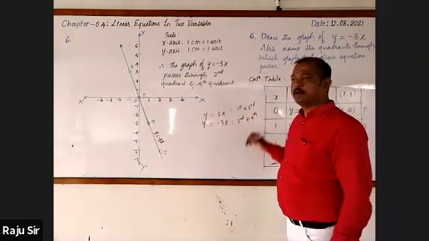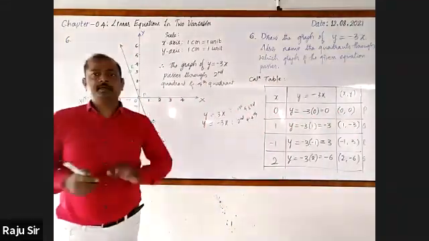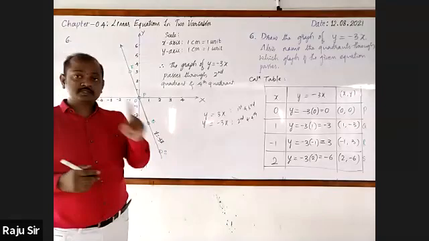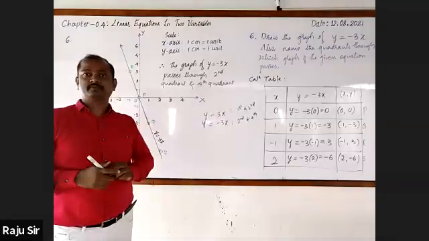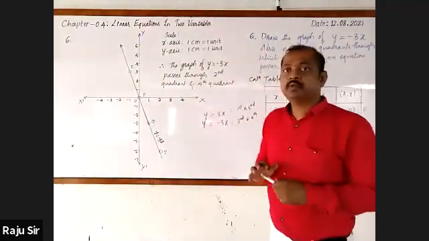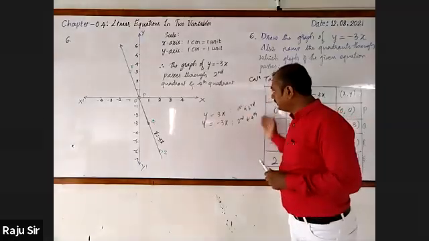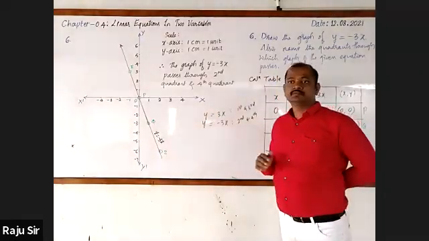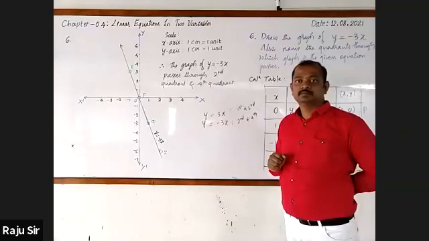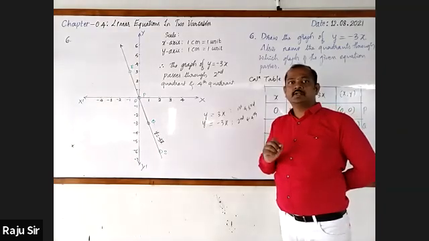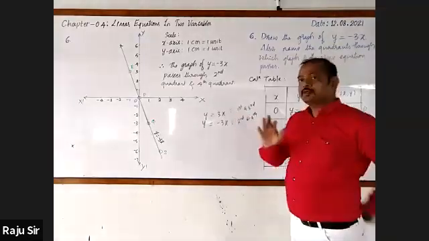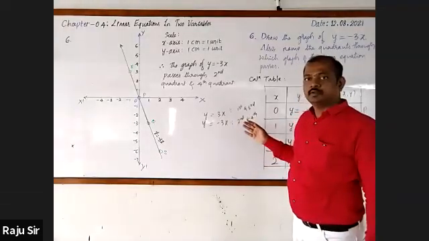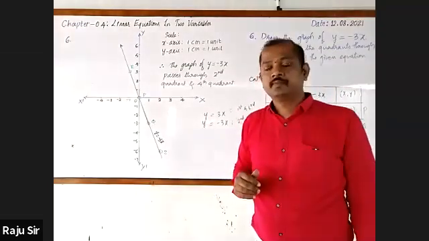Dear students, anybody? First you have to tell your name, then you can tell the conclusion that can be drawn from this. Anybody would like to tell the conclusions by observing this information? Sir, the minus sign. I want the conclusion. Sir, if there is a negative sign in the equation, it will be the mirror image of the positive graph.